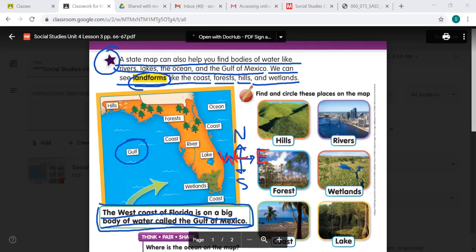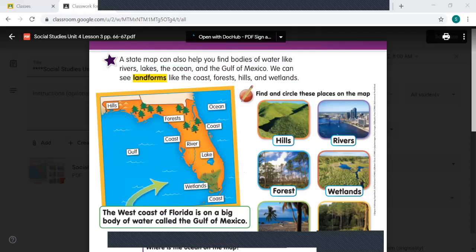So I put arrows that are showing the directions. So what did we say the Gulf, what direction was it in? The west coast. So this is west, and it's going this way. So anything that way is west. Anything going this way is east. All right, let's clear that up because it's getting a little bit sloppy and we can't see our paper.